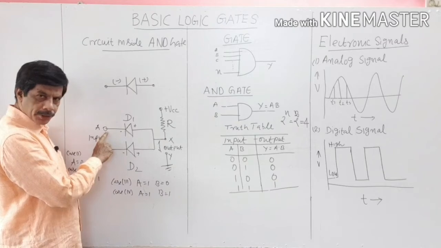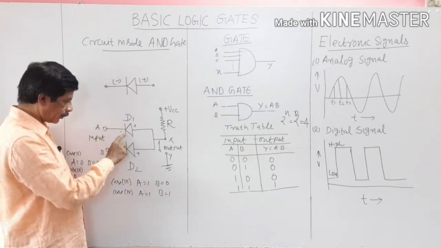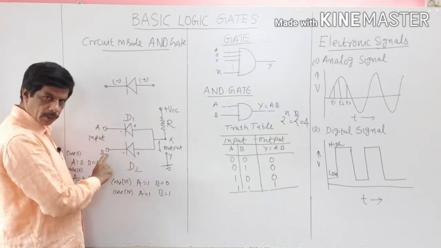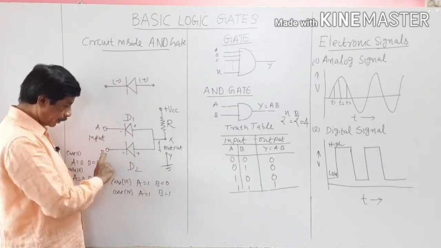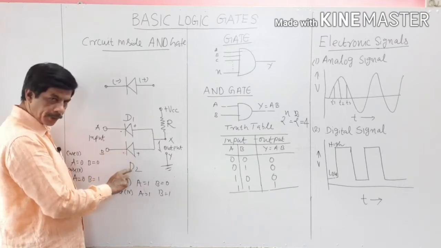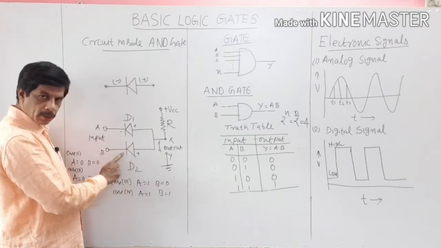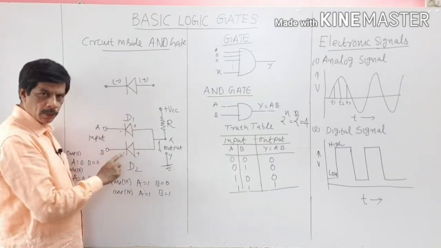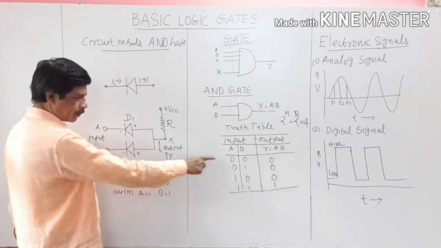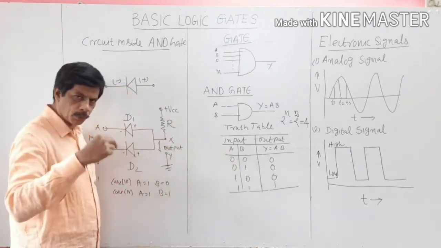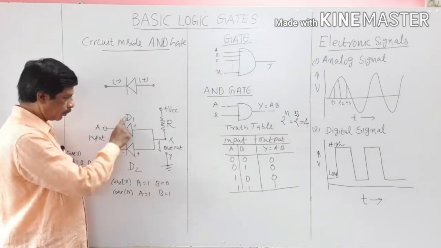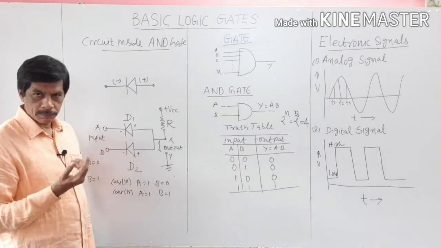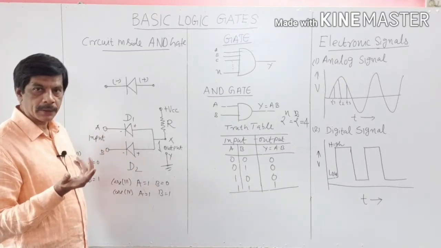The negative voltage and the cathode terminal of D1 are both the same polarity, forward bias. Here also, the negative voltage and the cathode of diode D2 are the same terminal. Therefore, both diodes D1 and D2 became forward biased. Already I told that when a diode becomes forward biased, it generates current.